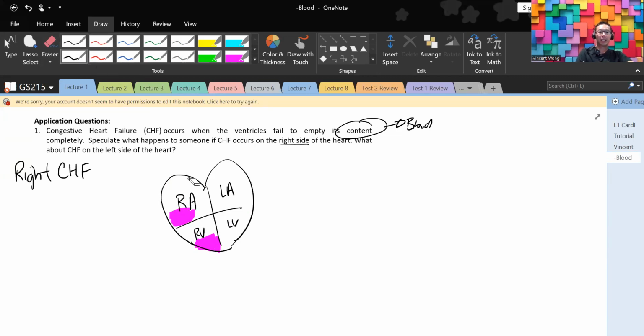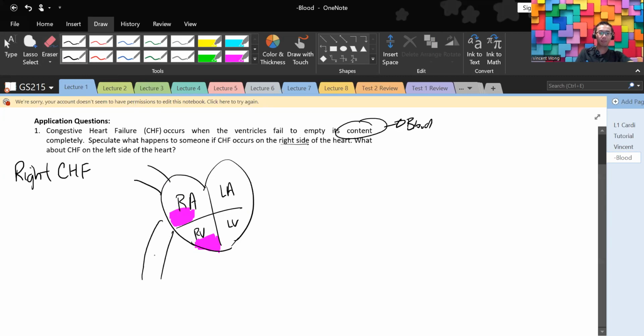Okay. And then what happens is it means the vena cava that's trying to feed blood into the right atrium, they also will not be able to empty. Right? So the superior vena cava will not be able to empty, inferior vena cava will not be able to empty. So what does it mean? Well, all the blood that's coming from the bottom of the body, right, like here, right?